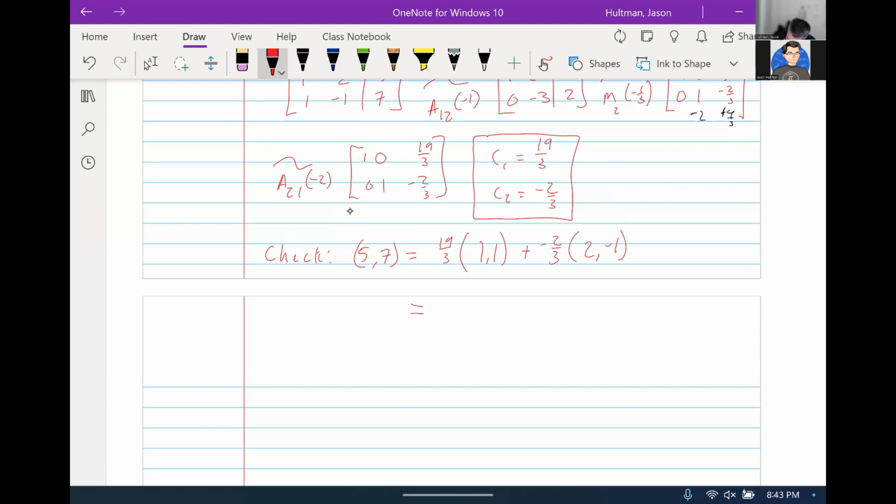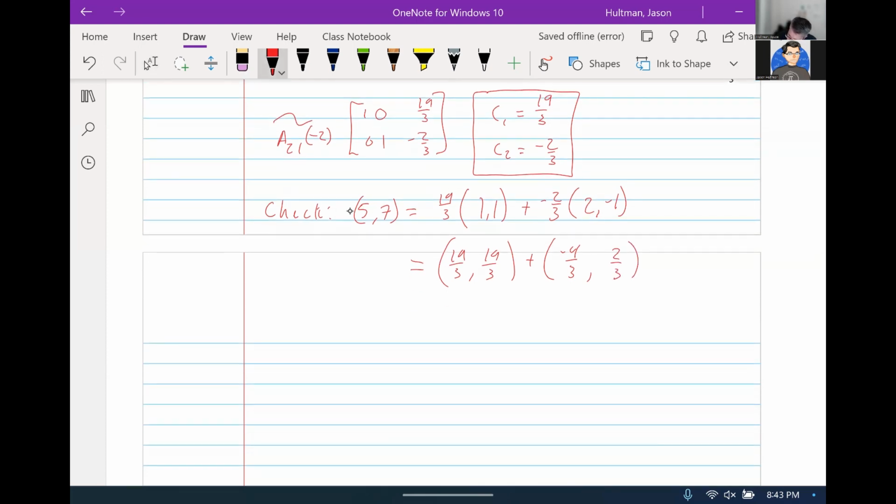Well, let's see what we get. We get 19/3, 19/3, plus -4/3 and 2/3. If we take 19/3 and add -4/3, we would get 15/3, which would be 5.